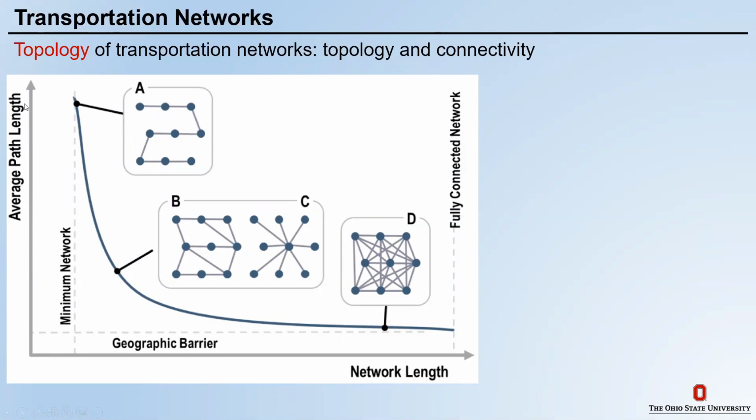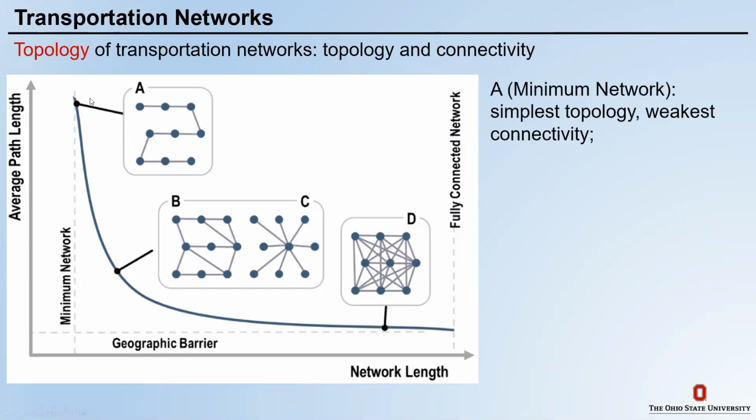Okay, and for type A, which is the minimum network, it is the simplest topology, with the weakest connectivity. Because if you want to start from one node and get to another node, there is only one solution for you, one path for you.